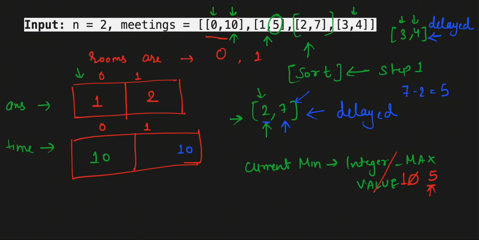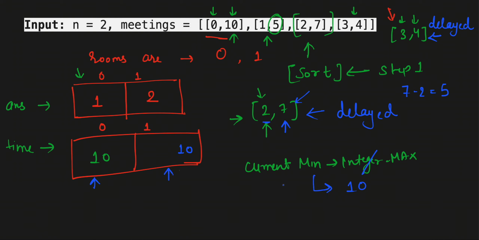I will again initialize a current min with integer max value. I started my iteration. I came to this, integer max value is greater than 10, so I will update my current min with 10.